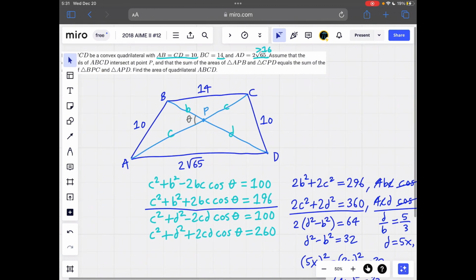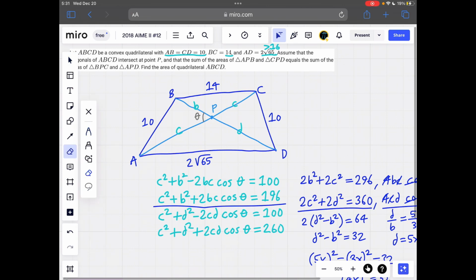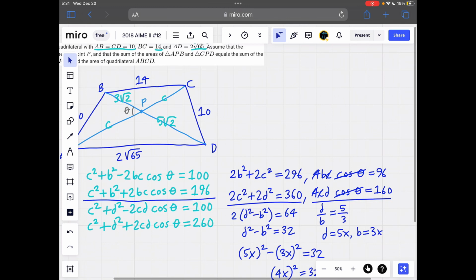So going back to our diagram, we can update d and b with those values, 5 root 2 and 3 root 2. Now we still have to find c, but how are we going to do that? Well, we can substitute the known values of b and d into these two equations. Let's substitute it into the first set to see what we get. We got these two equations via the first set.